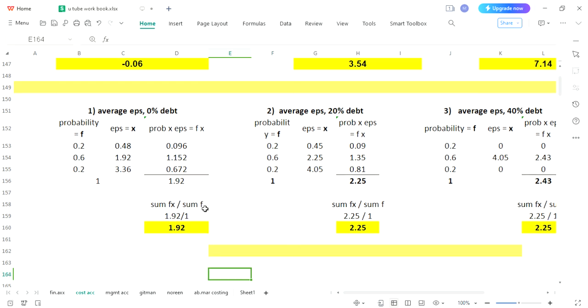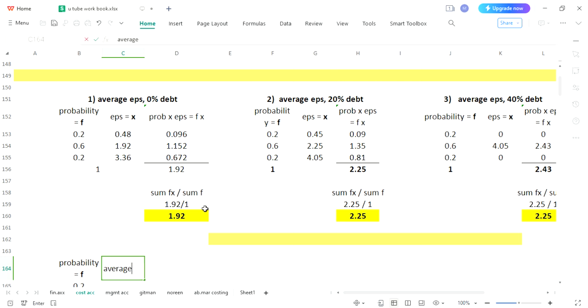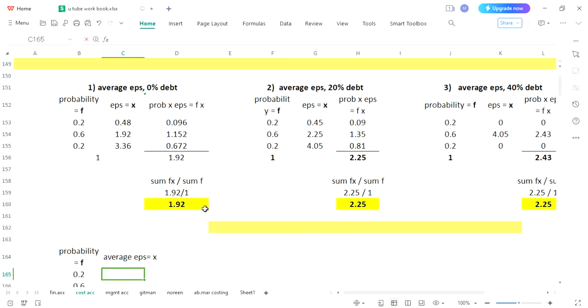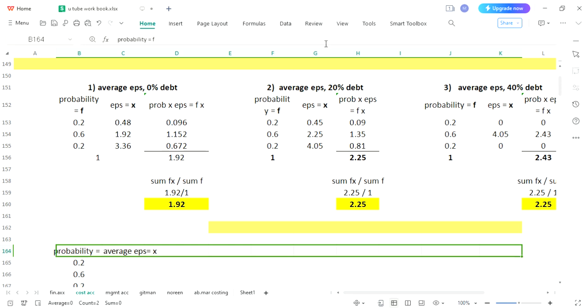And finally, this section, probability, is needed. We will take it as it is. And for these probabilities, average EPS would be needed, and we will denote it again as S. Since these are headings, let's wrap it up so that they can be visible easily.